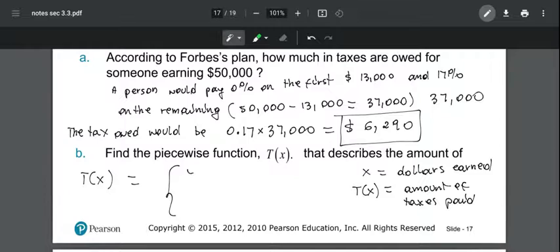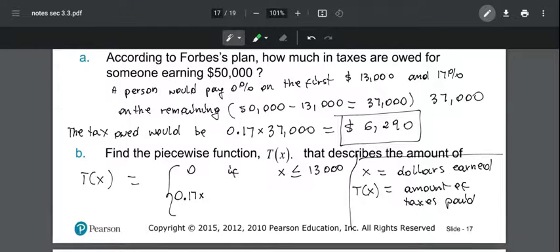So based on this plan, we know that we pay $0 for the first 13,000. That means for x less than or equal to 13,000. That will be the first piece. Now the second piece, for the remaining money which we earn in a year, we're paying 17% of tax. So that's 17%, which is the same as 0.17, times the remaining money which we made.